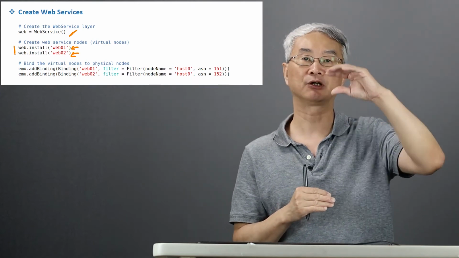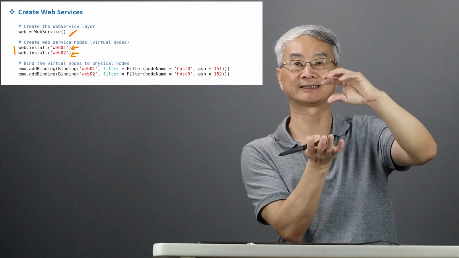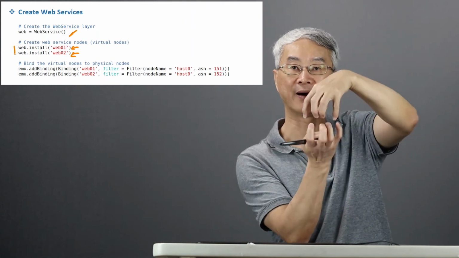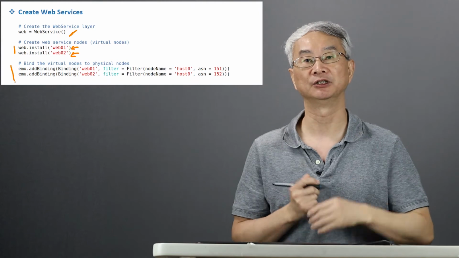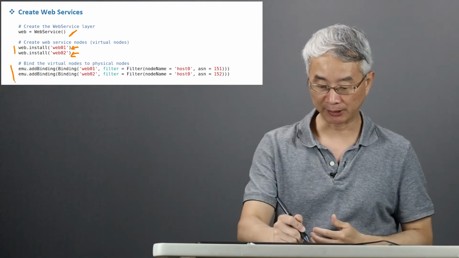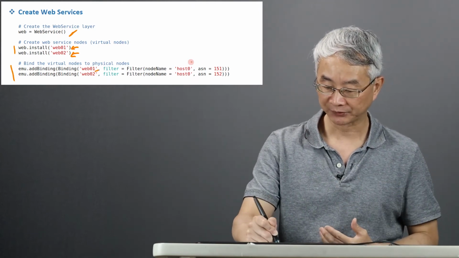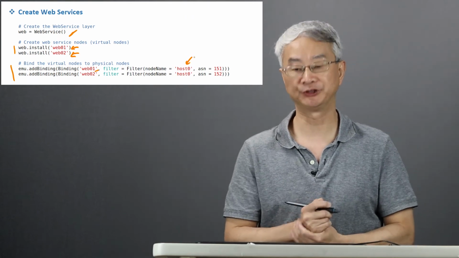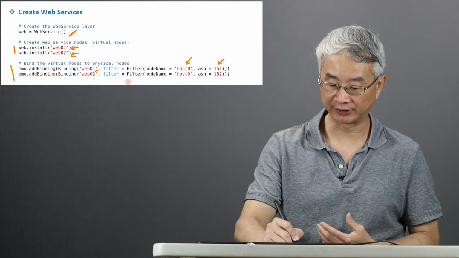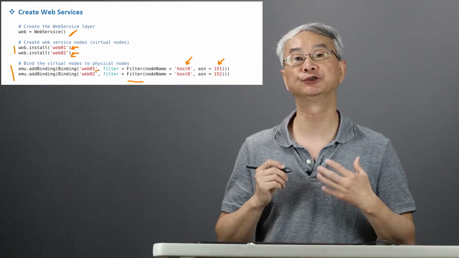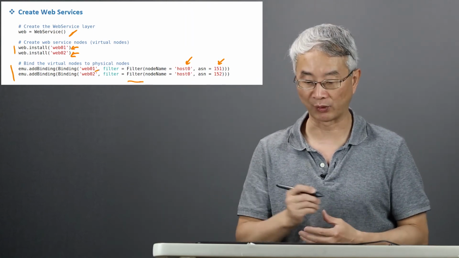If you say you're going to use this web service inside of one particular emulator, now you're going to bind them to the base layer, and our binding is for that purpose. So you can bind web 1 to host 0 inside of 151. We have different ways for you to do the binding, and this is just one example.